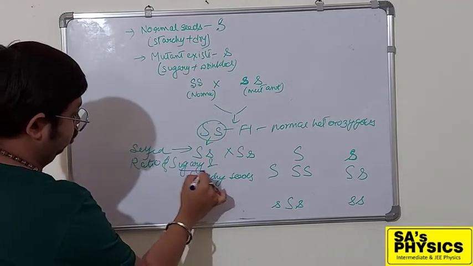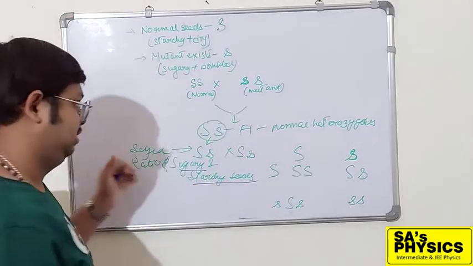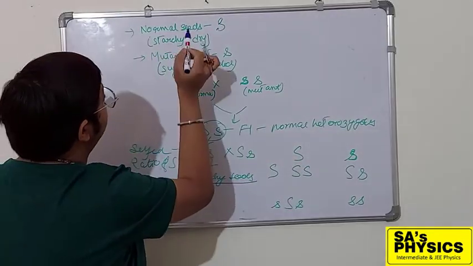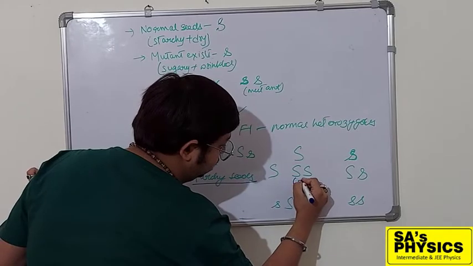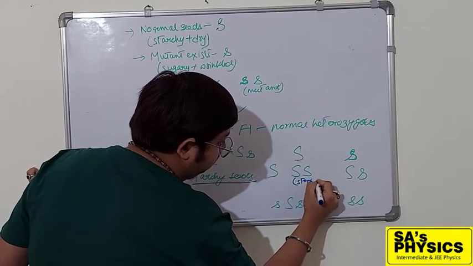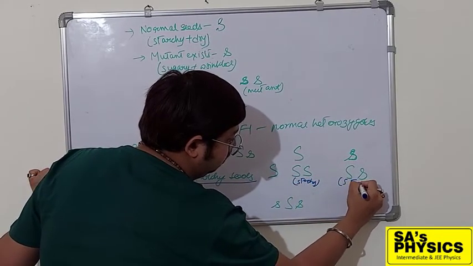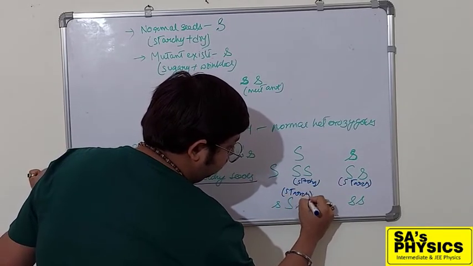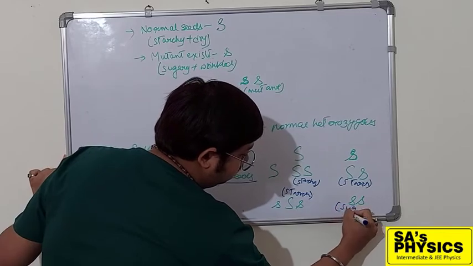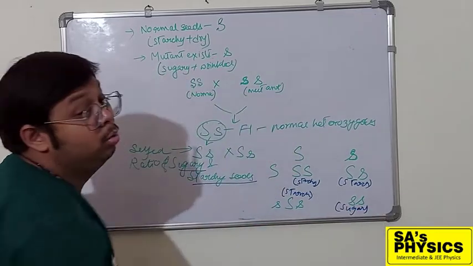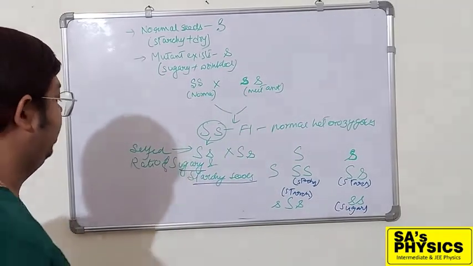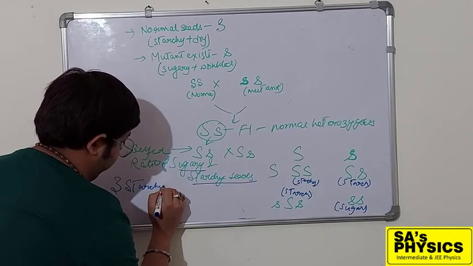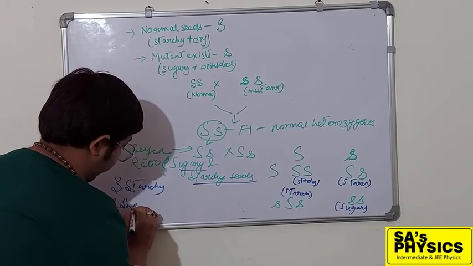So this is all the dominant forms, and the dominant form is the normal seeds, which is starchy. So this is starchy, this is also starchy, this is also starchy. This is sugary, carrying only the mutant form. So we have 3 starchy and 1 sugary.